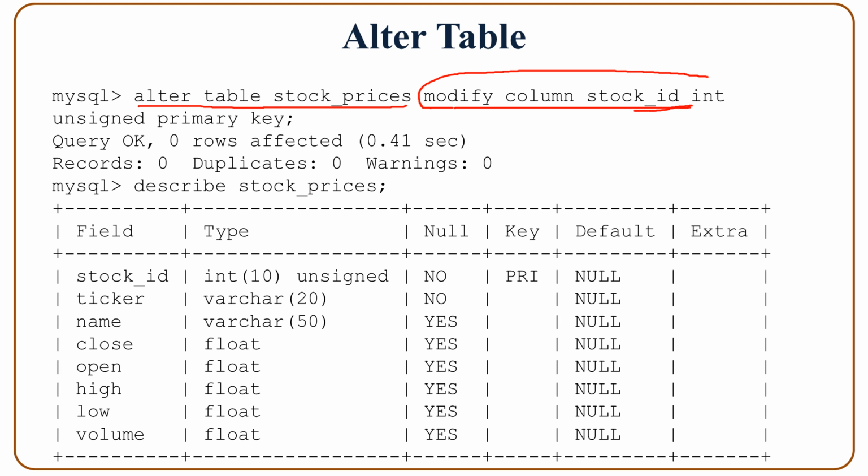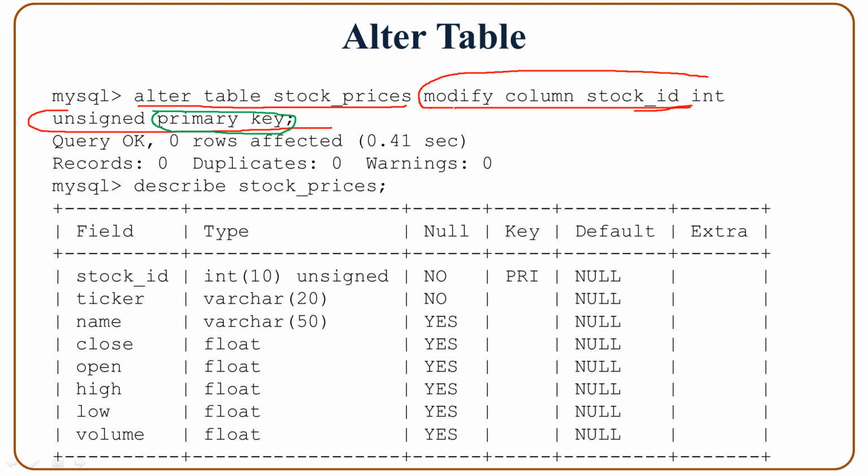So here you add primary key. When you add this, then this field or this column stock ID is the primary key. Primary key means that the stock ID of each record in this table will be unique. If you try to enter another record with the same stock ID, then it would give you an error.